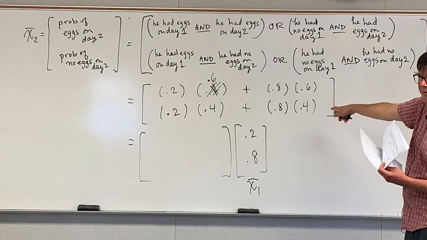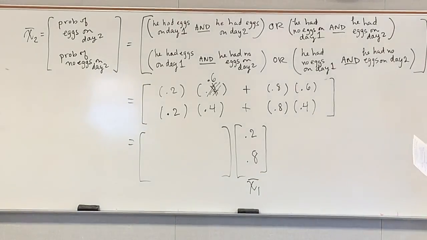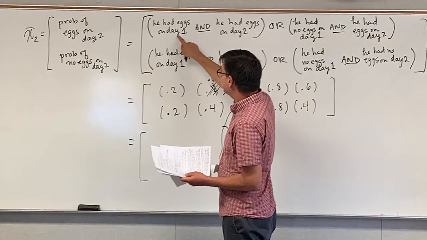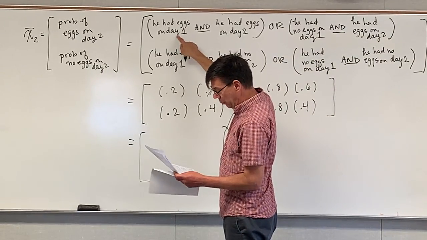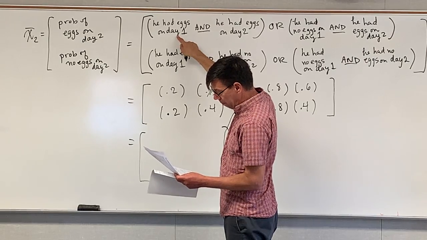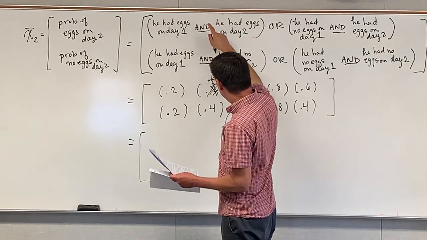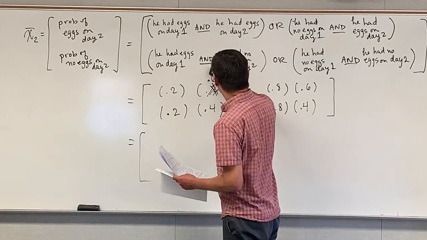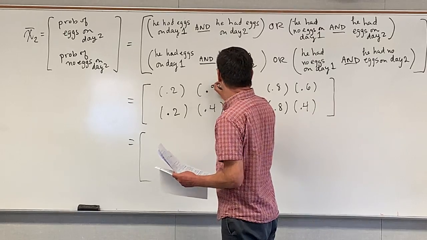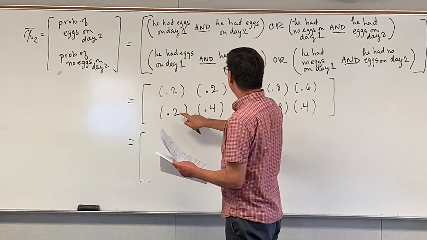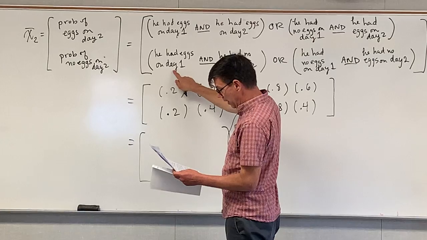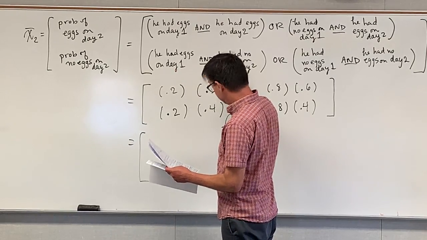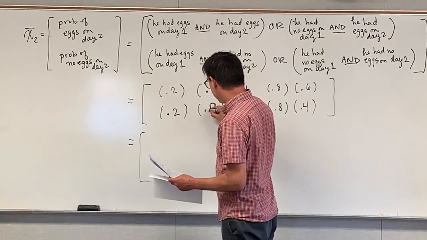I feel like I've lost everybody. Yeah, Ed? So if I had eggs on one day, okay, oh, so I think I had it right. Okay, sorry. And then the number underneath it, though. If he had eggs on day one, all right, then the chance that he had no eggs is 0.8.